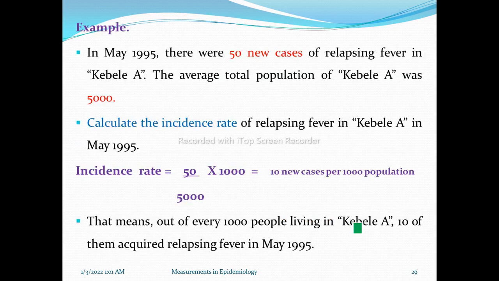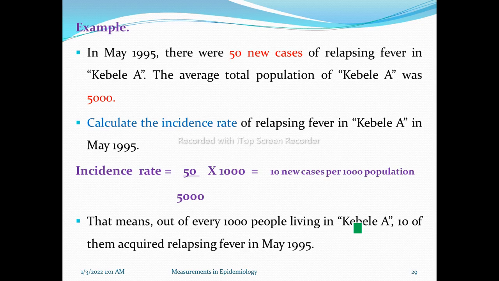In May 1995 there were 50 new cases of relapsing fever in Kebele A. The average total population of Kebele A was 5,000. Calculate the incidence rate of relapsing fever.